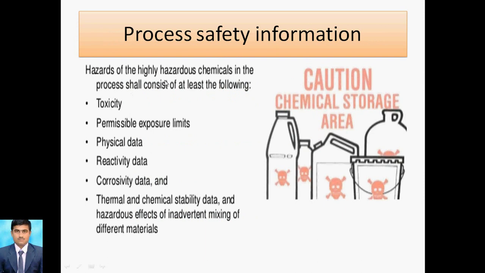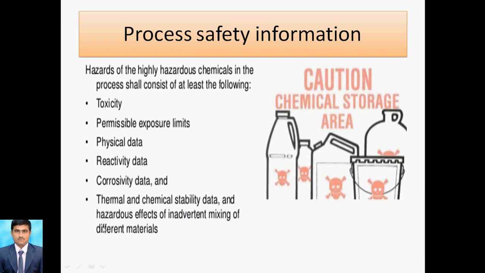Here, the hazards of highly hazardous chemicals. So the hazardous chemicals information should consist of at least the following: toxicity, or permissible exposure limits, physical data, and reactivity data. So if it is in contact with air, what action should happen. Then corrosive data, thermal and chemical stability data, and the mixing of different materials.